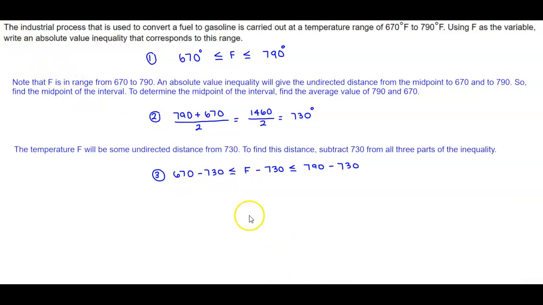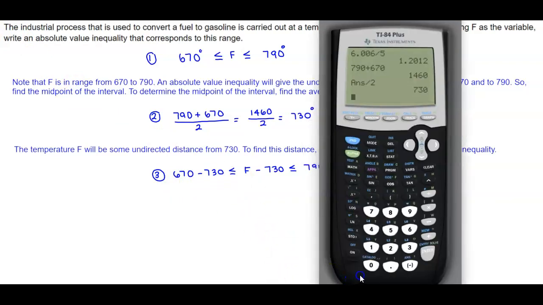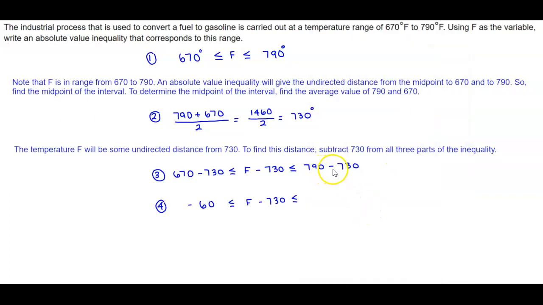Let's find out what 670 minus 730 is. That gives us negative 60. So we get negative 60, which is less than or equal to F minus 730, which is then less than or equal to 790 minus 730, which is positive 60.